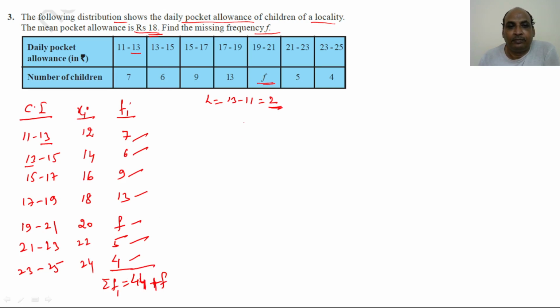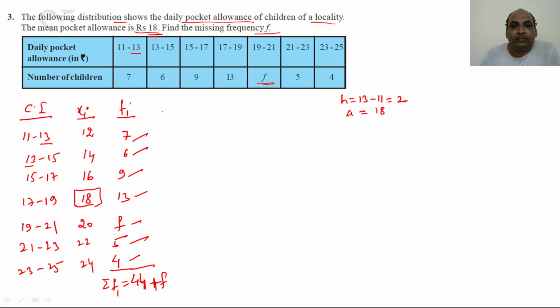Now we will go for assumed mean method. So suppose A is equal to 18. We take it as 18, assumed mean. Why? Because here we will be going for calculation. So h is 13 minus 11, that is 2, and A is 18, assumed mean.